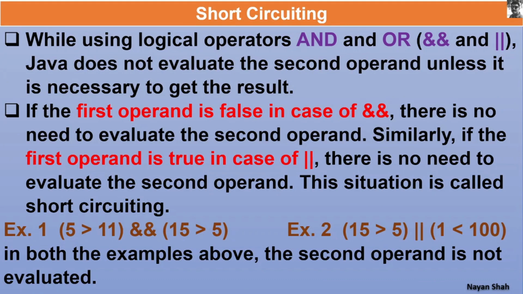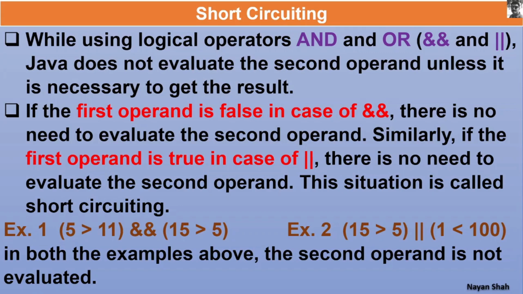Now there is something called short circuiting. What is short circuiting? While using the logical operators AND and OR, Java does not evaluate the second operand or second condition unless it is necessary to get the result. In certain cases, there is no need to evaluate the second condition, because it will not make any difference to the output.